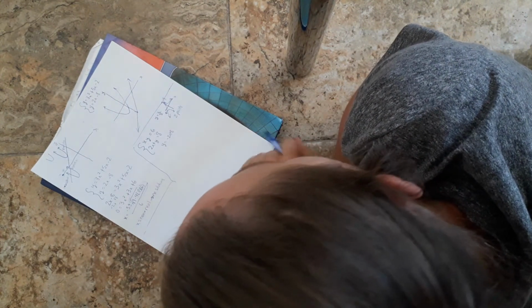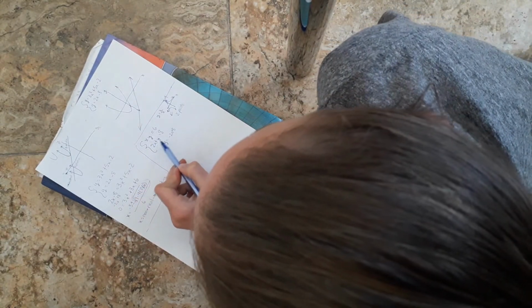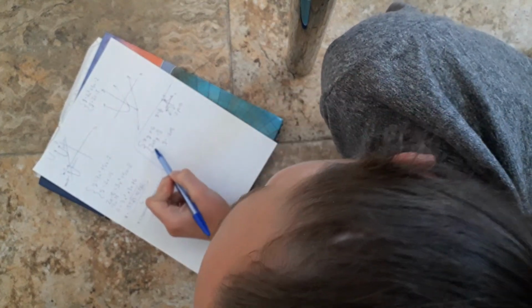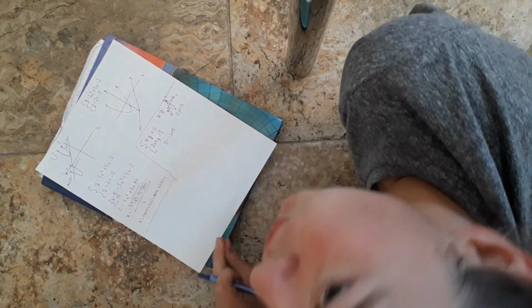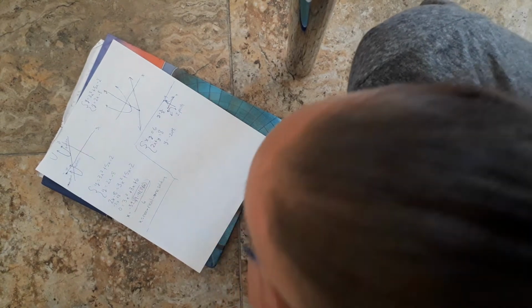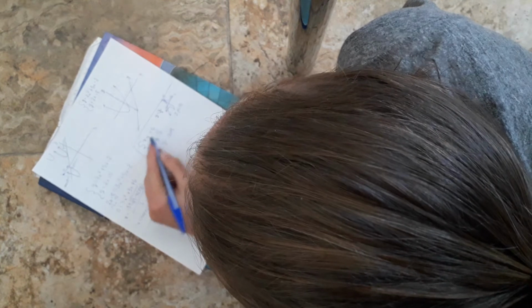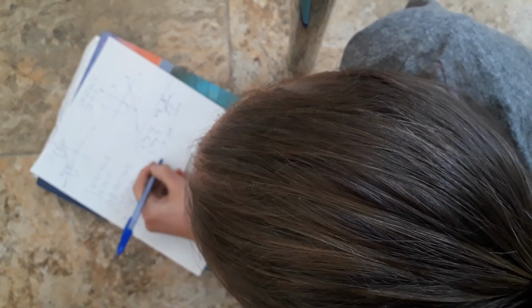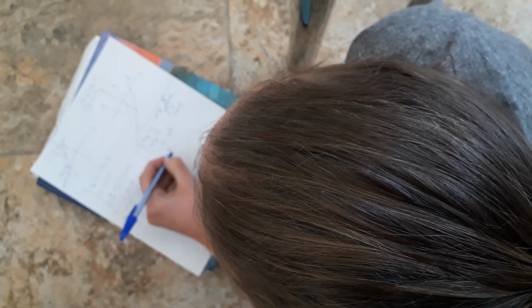So again, let's go ahead and try to solve this system of equations. We have 2 different variables. So the first thing I'm going to do is solve for either x or y in one of those, and then use substitution to put it into the other equation. A simple one I have here is x times y equals 6, so I can just solve for x. x equals 6 over y.